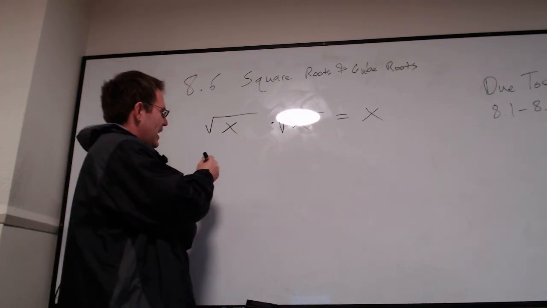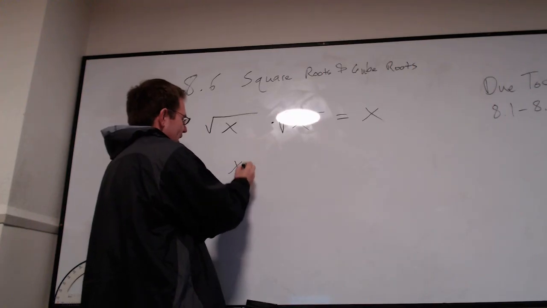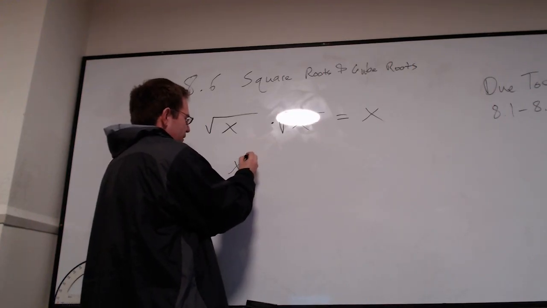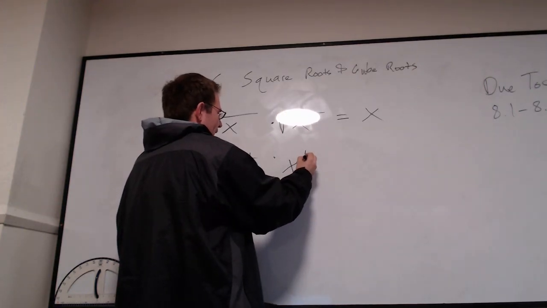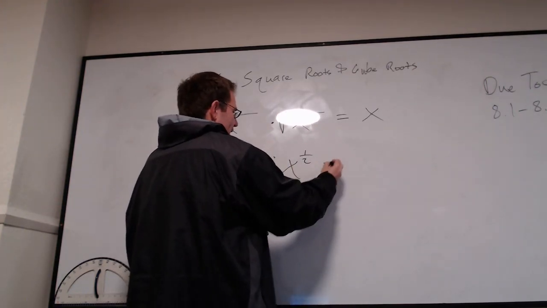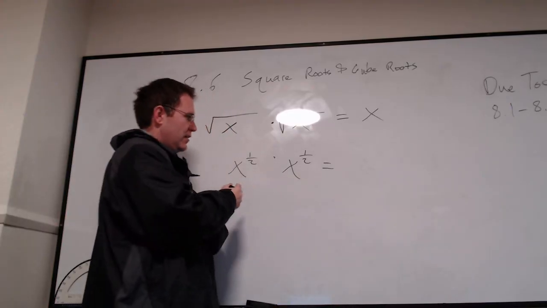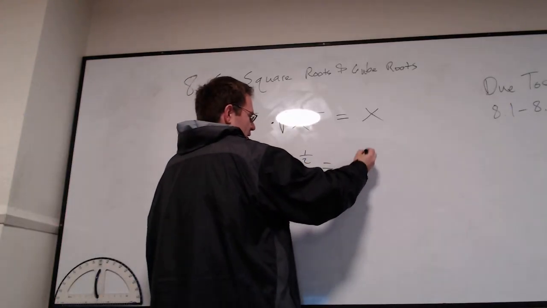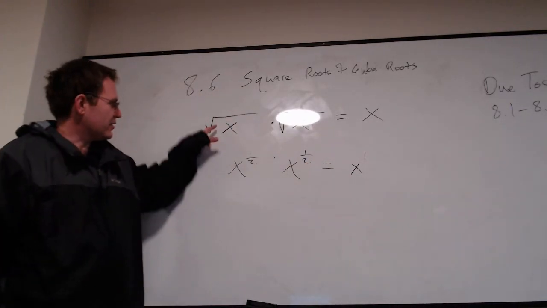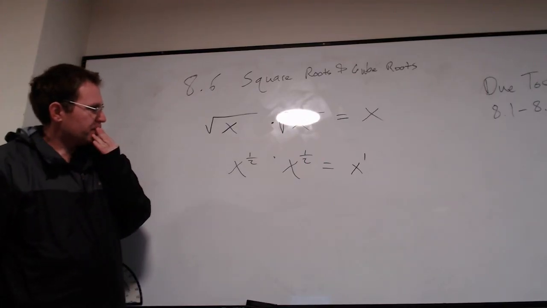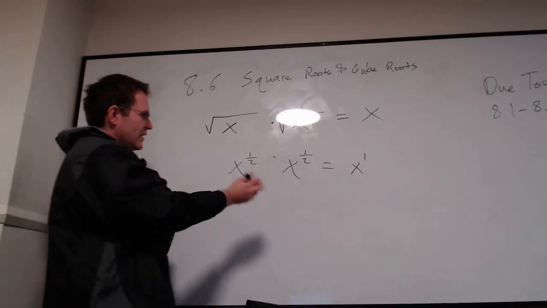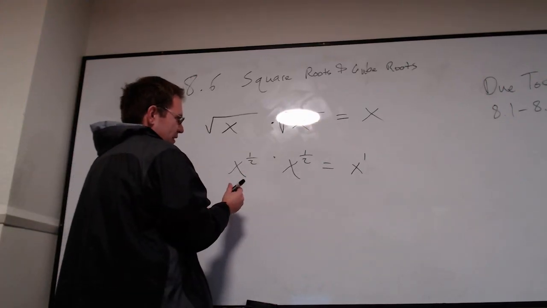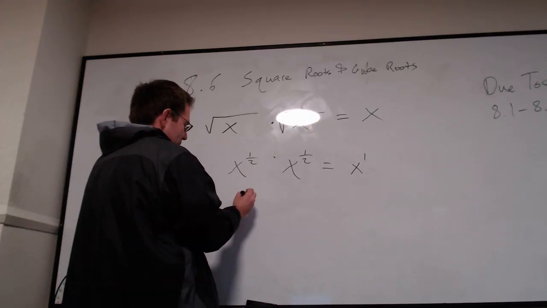Another way to think about that is x to the 1/2 times x to the 1/2 equals x to the 1, because these are equivalent. We add exponents when we multiply.